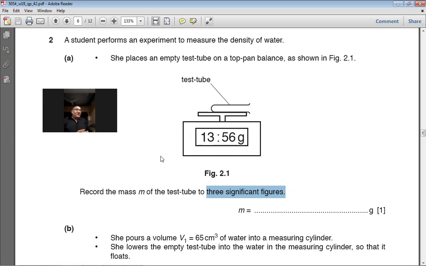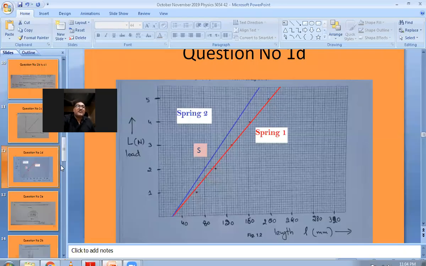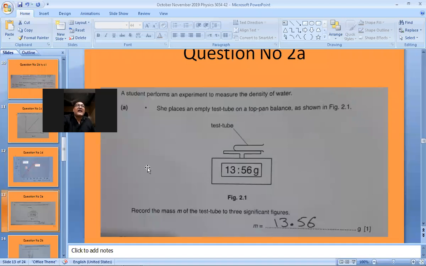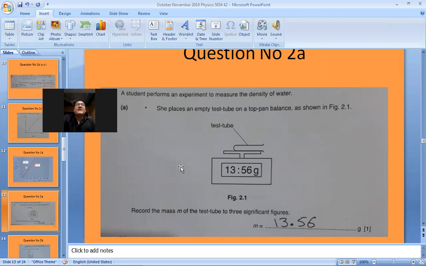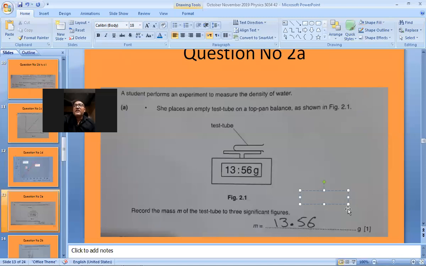But if you round it off to 3 significant figures, then it will be 13.6 grams. Let me show you my work. I have written 13.56, but this answer should be, let me insert here my answer, 13.6 gram.